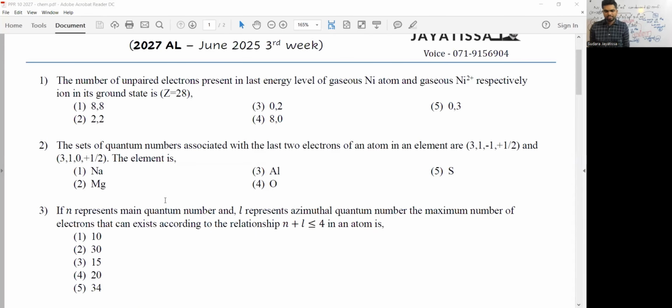This is our second question. It's asking: the set of quantum numbers associated with the last 2 electrons of an atom of an element are 3, 1, minus 1, plus half and 3, 1, 0, plus half. So those are the 2 quantum sets of 2 electrons. It is asking us what this element is. There are 5 answers given, and you have to select the element from them. We did a similar MCQ in our theory class, and the answer for that one was magnesium.